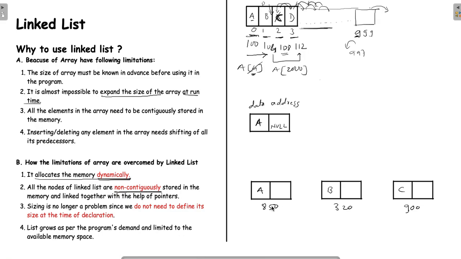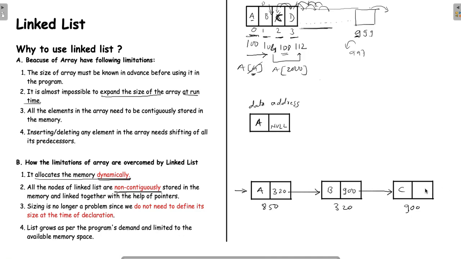So what we want to do is maintain the sequence. You will visit this block A, and after A you want to visit B. So where is B? It is at address 320. So in the second block you will write that address, 320. It means that after A, if you go to the location 320, you will get your next information, and here if you mention 900, you will get another information.